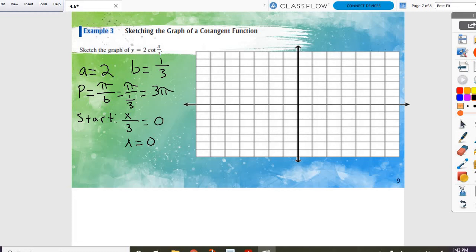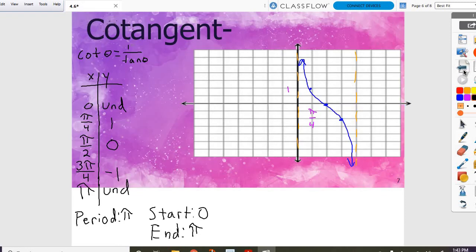So then to find the ending spot of our first cycle, remember that we take our starting spot and then add the period, and we get 3 pi. So notice that here our pattern is very similar to the one that we have with our tangent. I'm going to start and stop at an asymptote.